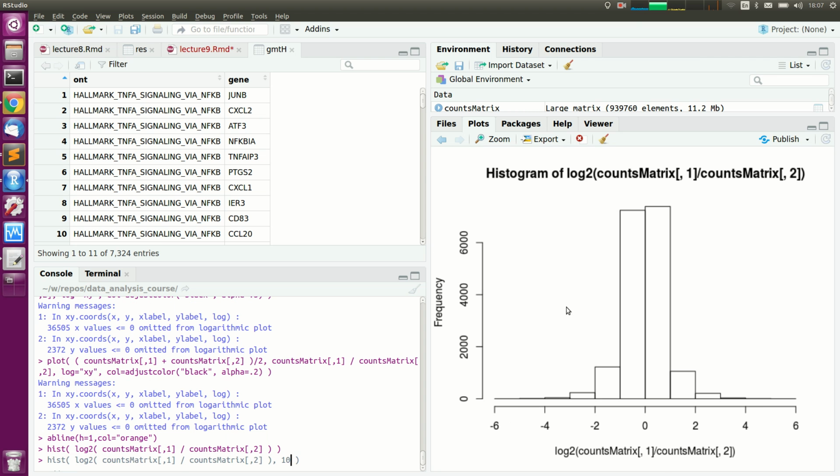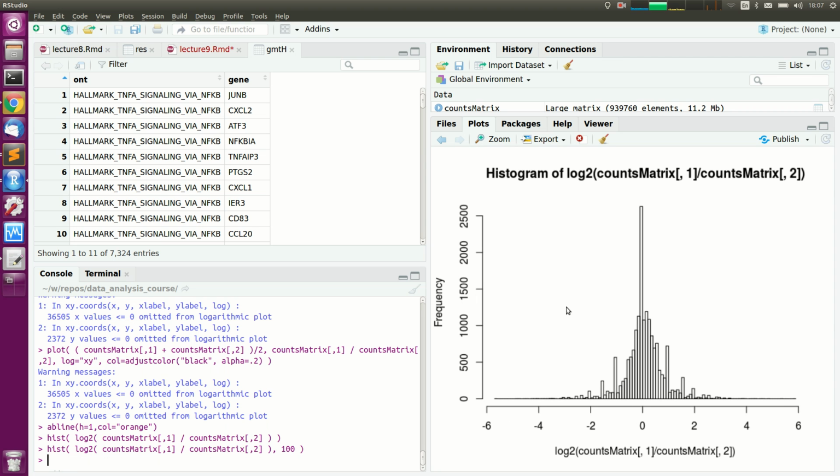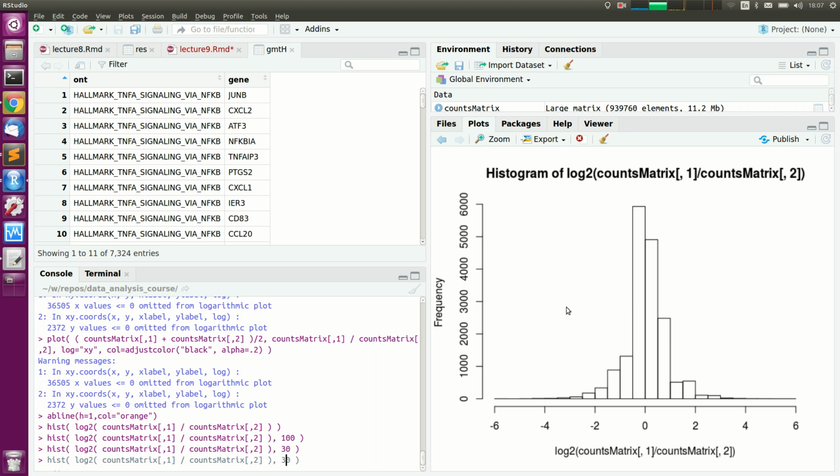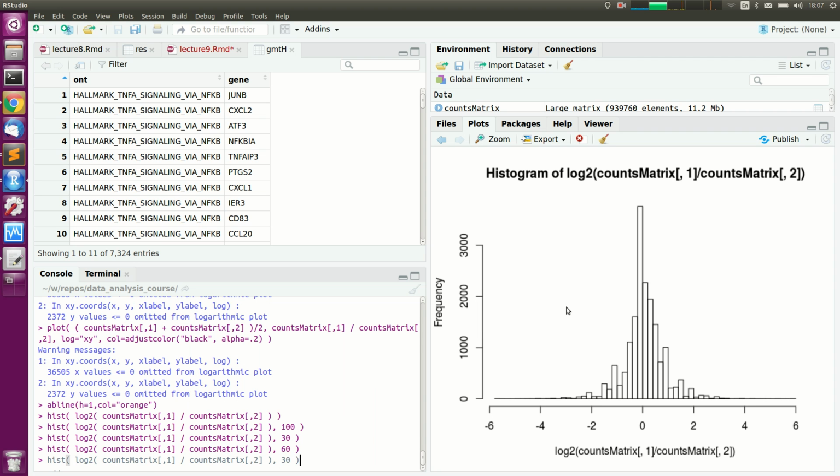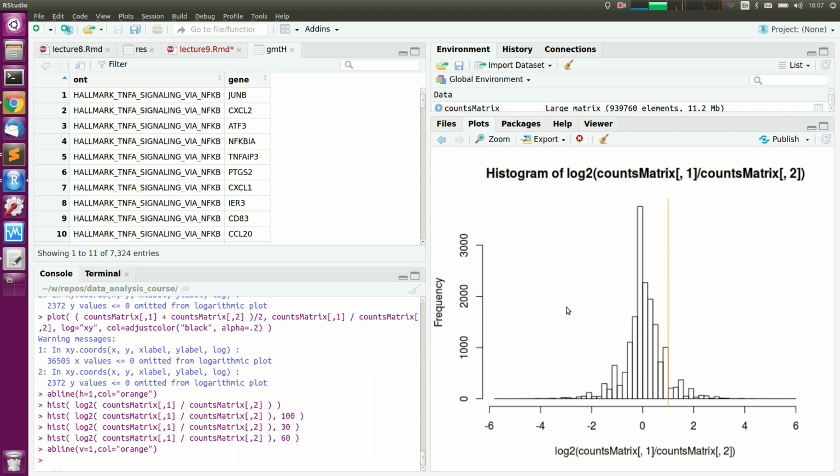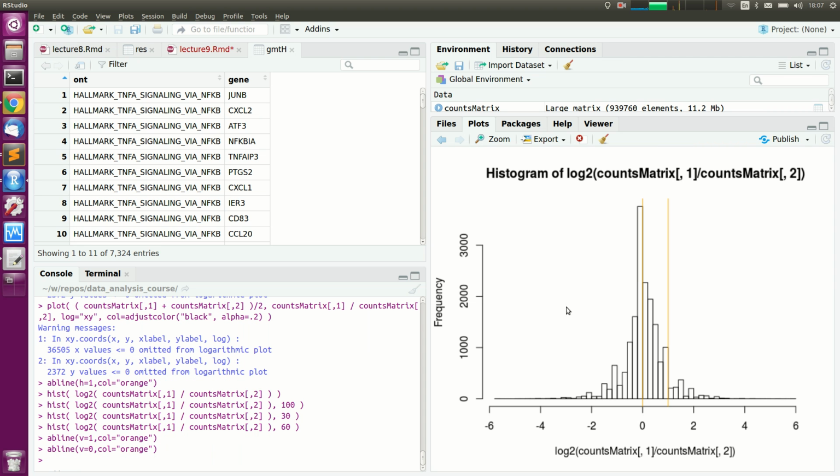Maybe I make a few more bins, 100 bins. And again, I make my AB line in here in orange. Sorry, I have to put it at 0. And you see it sort of hits the middle, but not quite.